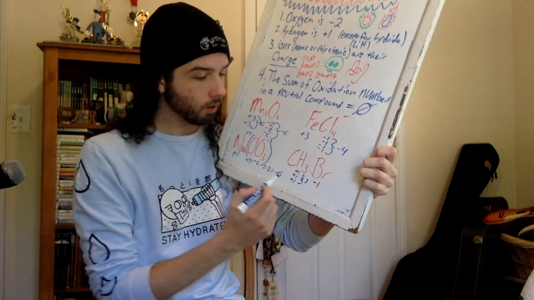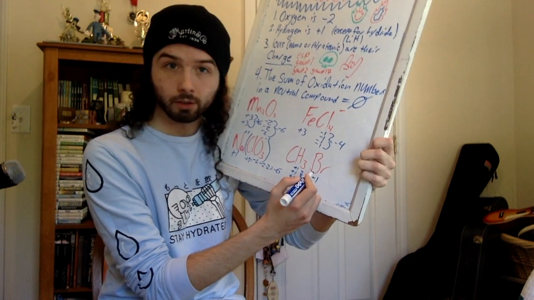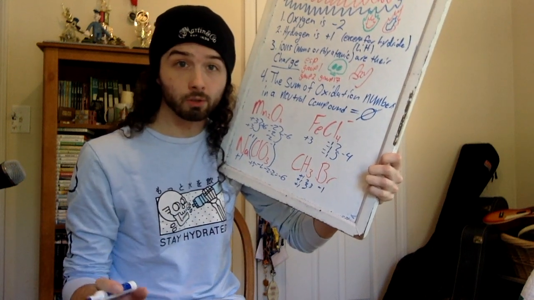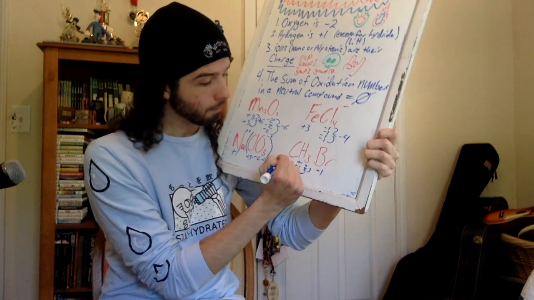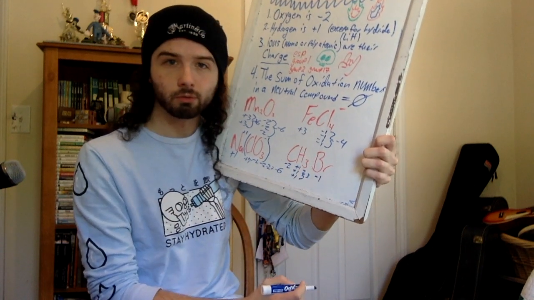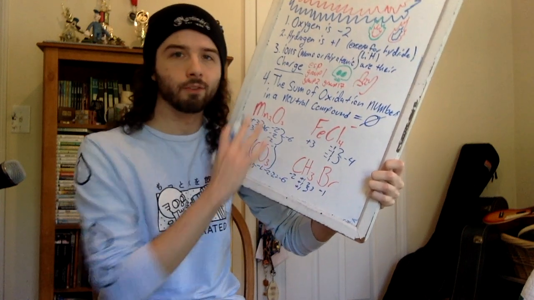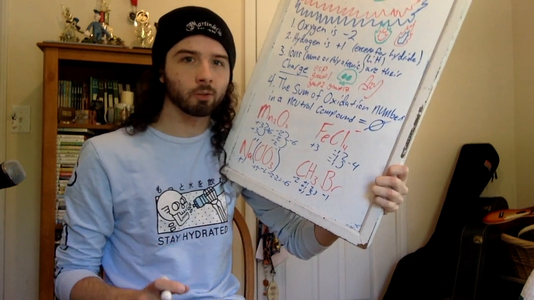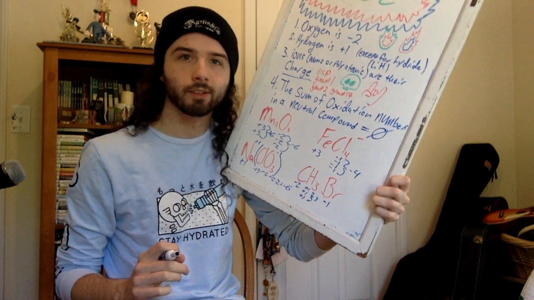Excellent. So we have a +3 here and a -1 here. In order for this compound to come out neutral, what is our carbon going to have to be? That's right, -2. Kind of weird. But if you can figure that out, and if you can figure out the rest of these, you guys are going to be A+ at assigning oxidation states. All right, have fun with this, guys.